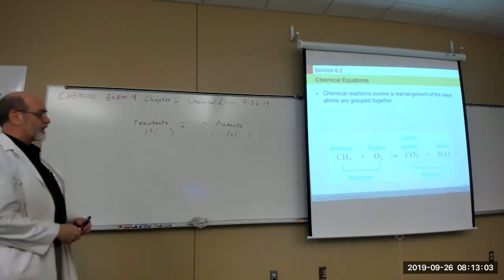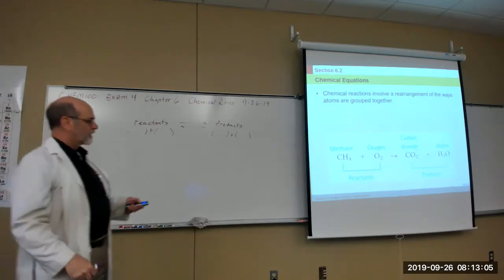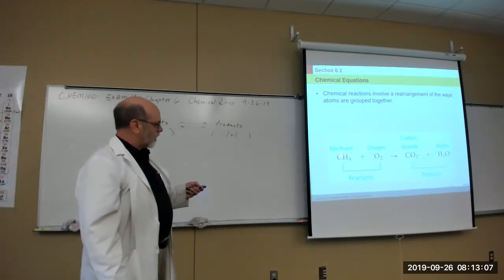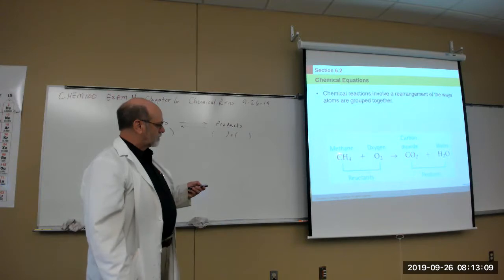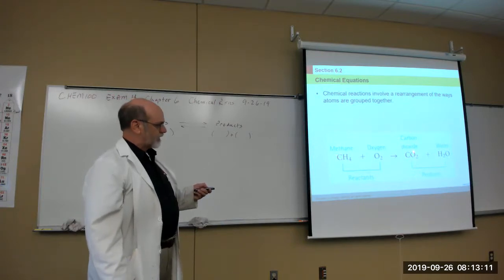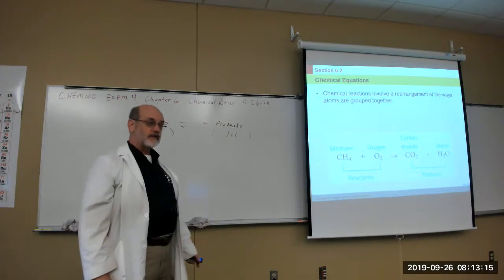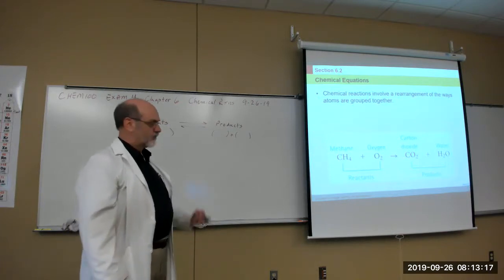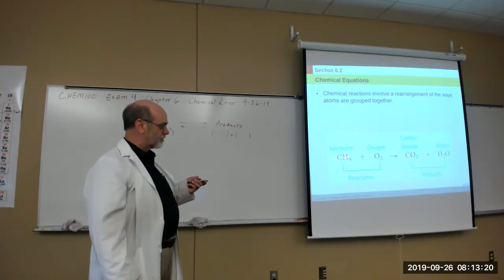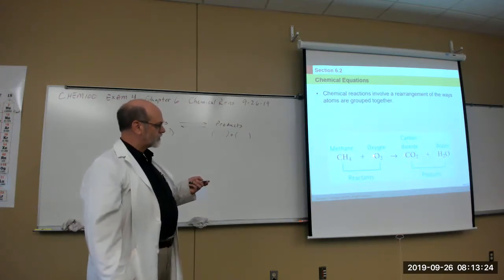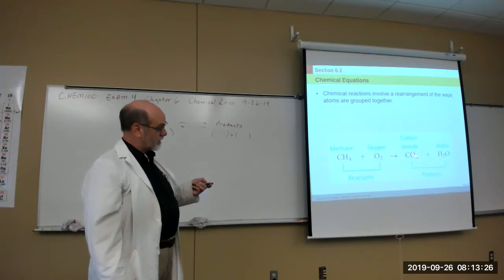The other thing that you'll notice is that if you've got an element on this side, you've got to have it on that side somewhere. It may be in one location, it may be in two or more locations, but it's going to be on both sides. So hydrogen's here, hydrogen's over there, oxygen's here, oxygen shows up there and there.